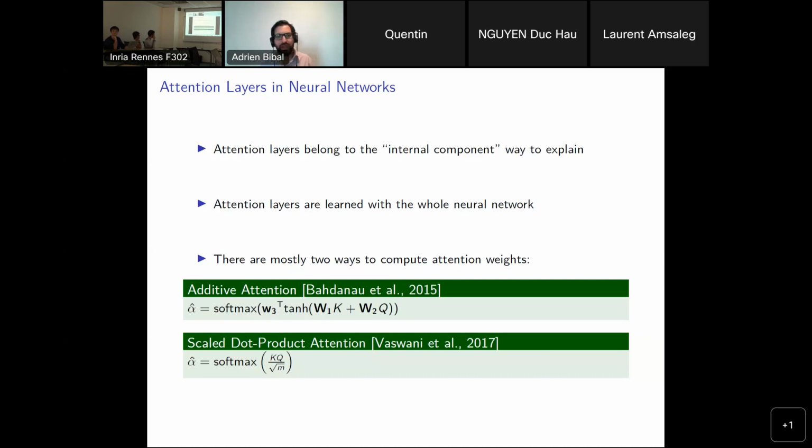So it's not really important to know which one of the two or other ways to define attention is used to gain some explanation about the black box.